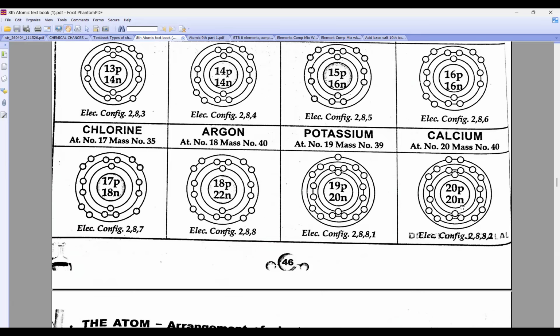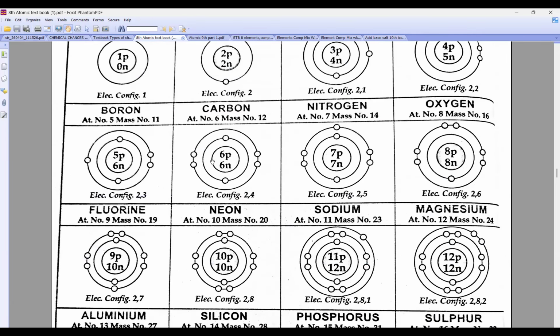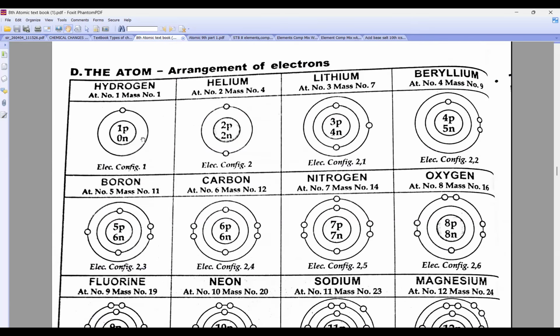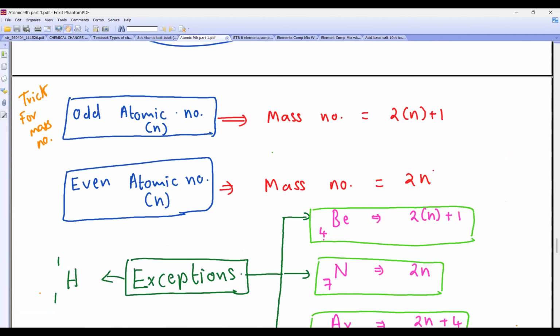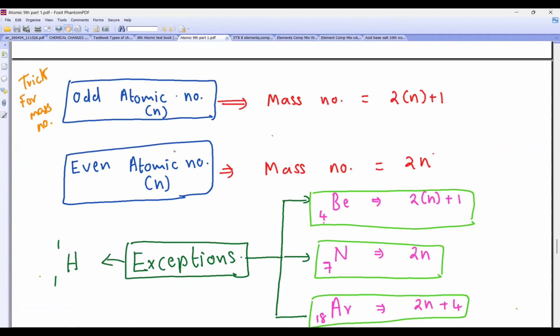But it is very difficult to remember neutron number. How to remember neutron? When you draw it, how do you remember the neutron number? That becomes a little difficult. So for that, I have given you the trick, for first 20 elements only.